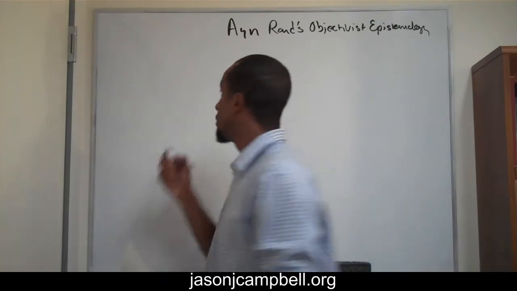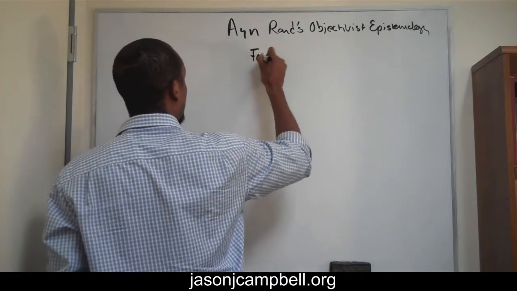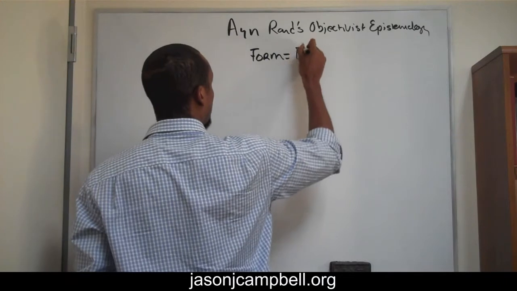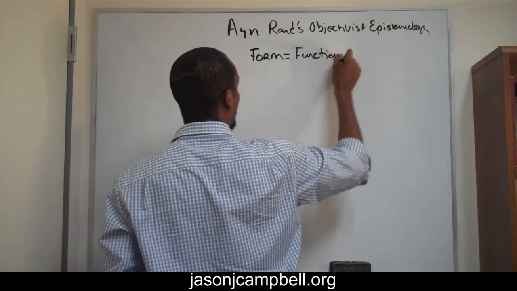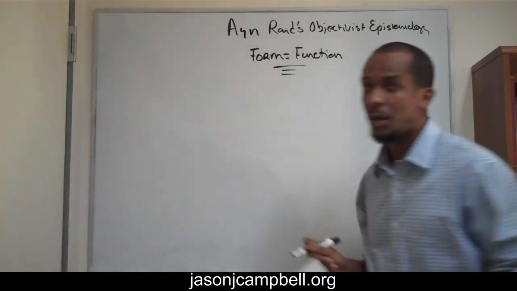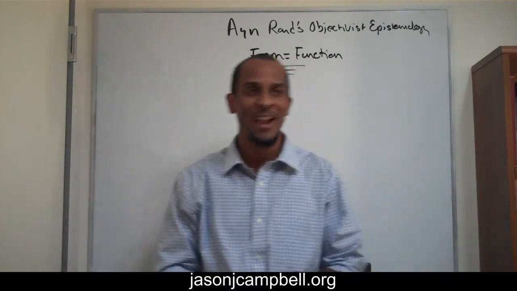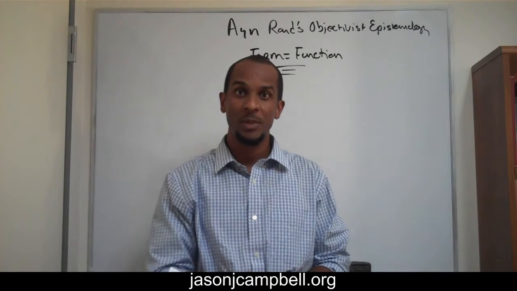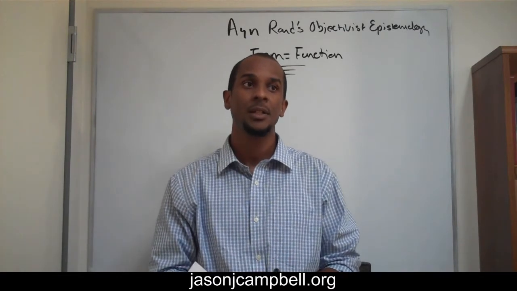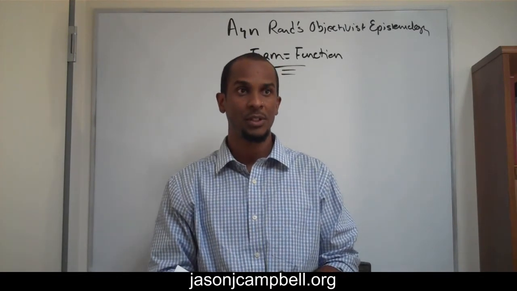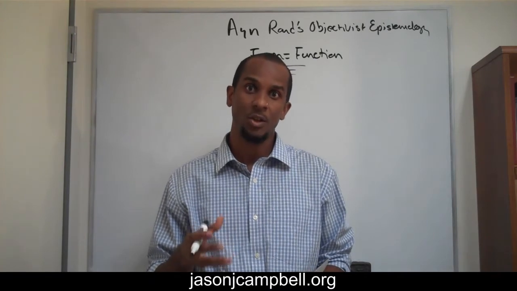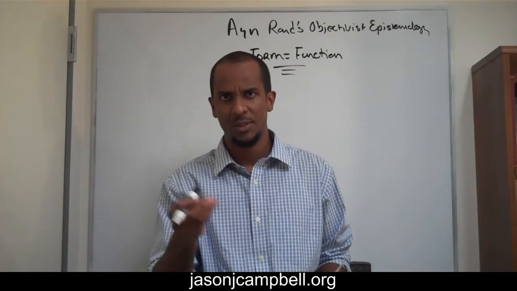Because for Aristotle, form equals function. Though Rand, I keep on saying Arendt, though Rand doesn't say that form equals function, she is an Aristotelian. Insofar as she is an Aristotelian, her epistemology is Aristotelian in a sense. There are obvious differences.